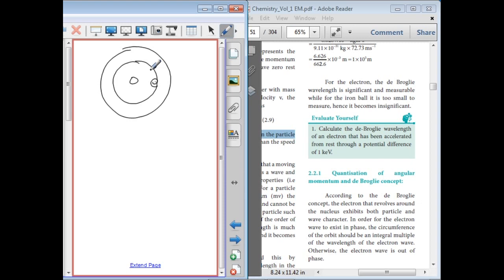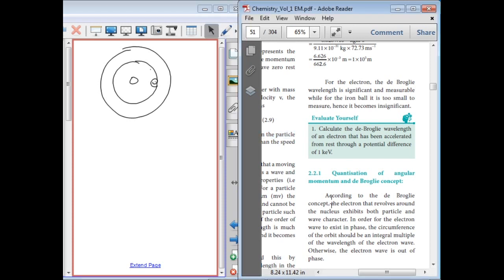He further added that the electron moves only in those orbits where the angular momentum of the electron is an integral multiple of h by 2 pi. The postulate regarding the quantization of angular momentum of an electron was later explained by de Broglie. According to the de Broglie concept, the electron that revolves around the nucleus has both particle and wave character.